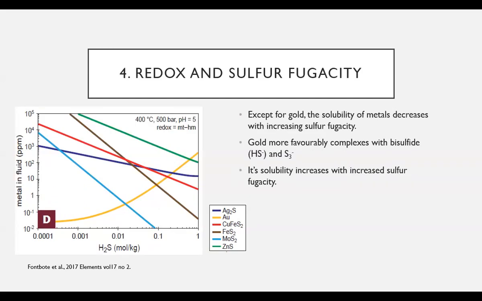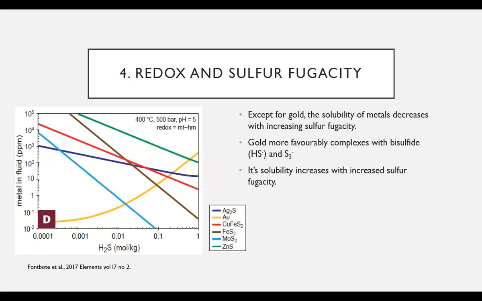Redox, or sulfur and sulfur fugacity. So for everything we're looking at here, except for gold, the solubility of the metals decrease with increasing sulfur fugacity. Because gold complexes more favorably with a bisulfide, its behavior is distinct.